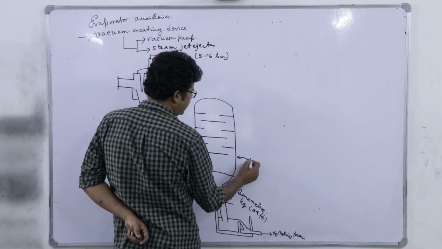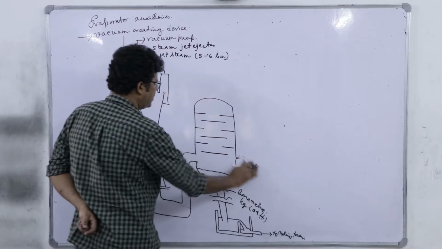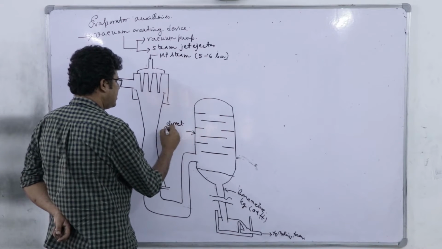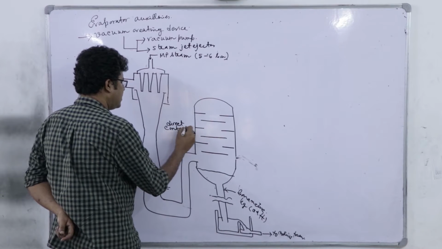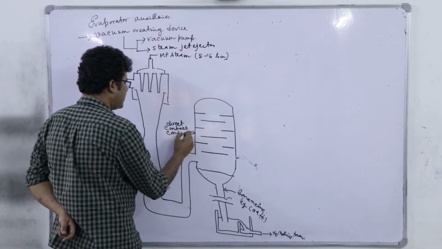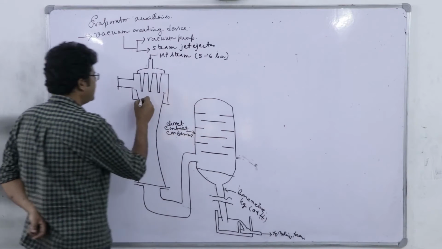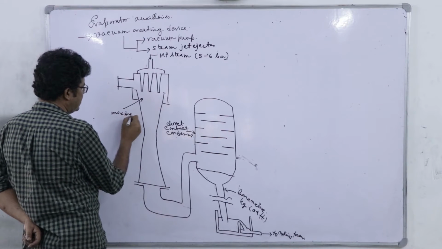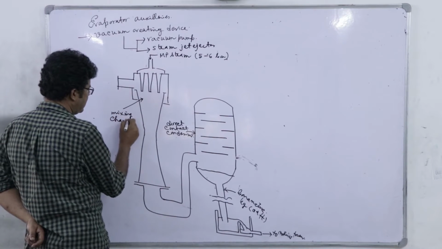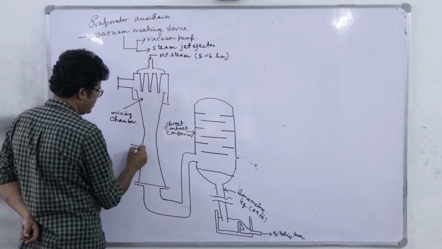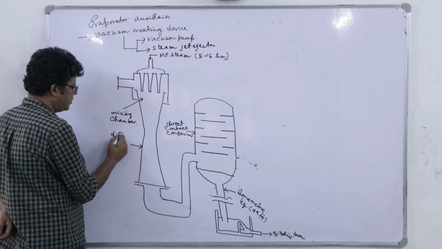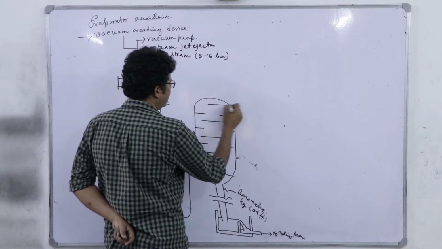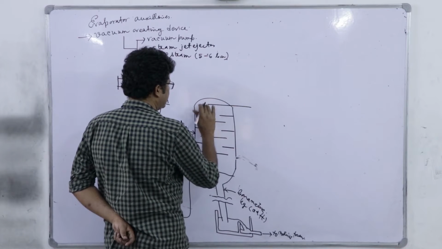This is the direct contact condenser. This is the mixing chamber, the diffuser, and here we deliver this water, right.